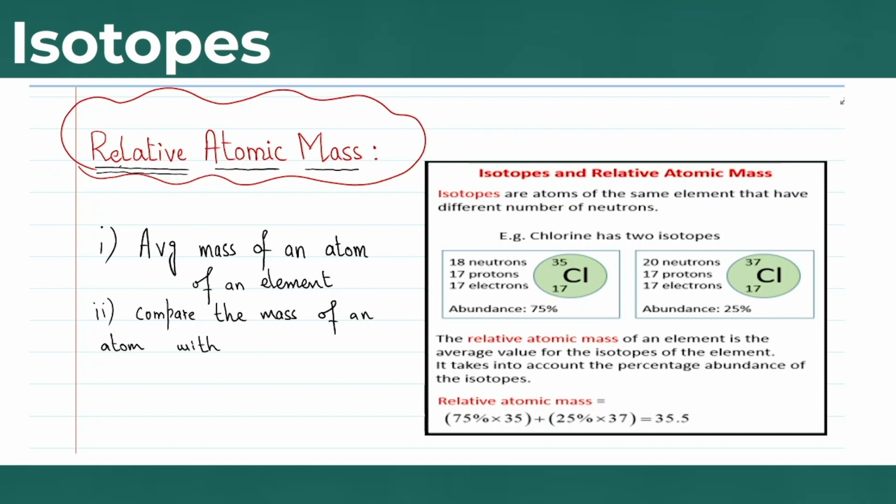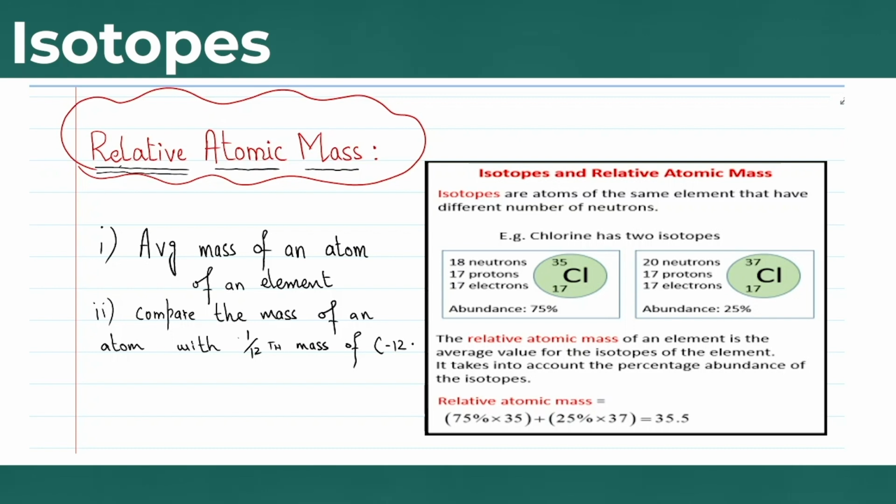So we have to make a standard, which is 1/12th mass of carbon. Okay? So compare the mass of an atom with 1/12th mass of carbon 12 isotope. Make sense?